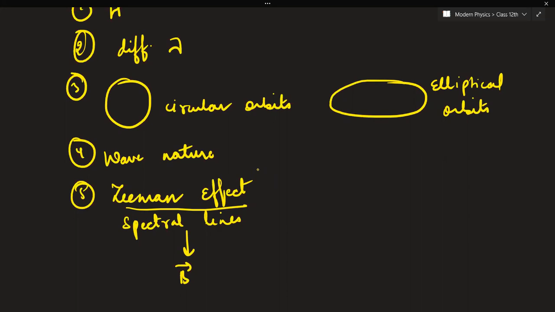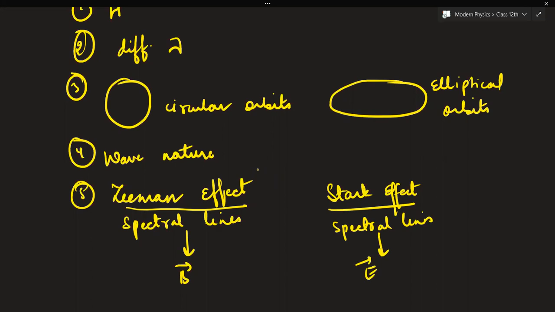And one effect is known as the Stark effect. That is the spectral lines explanation in an electric field. That is not mentioned. Electric field and magnetic field are not considered. Plus, what can be difficult here is to remember that Zeeman has magnetic and Stark has electric.